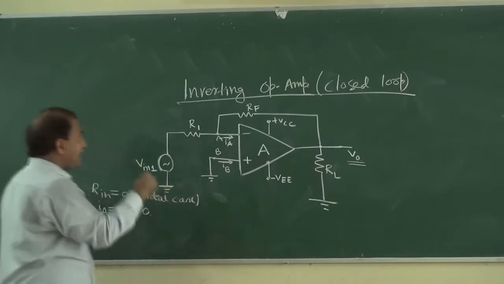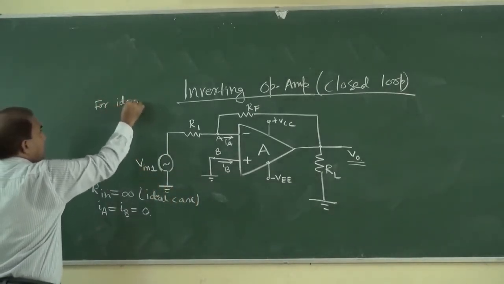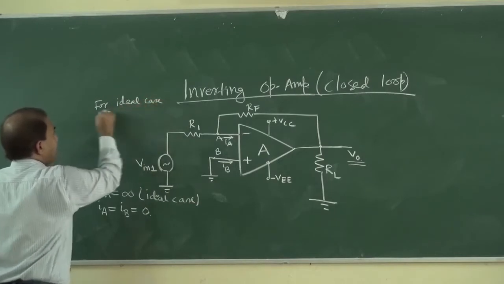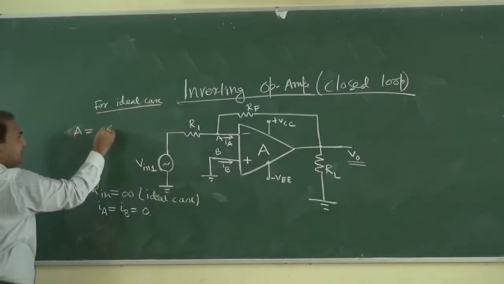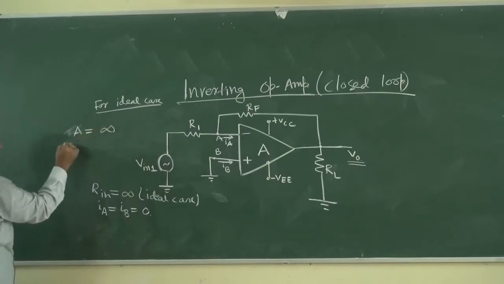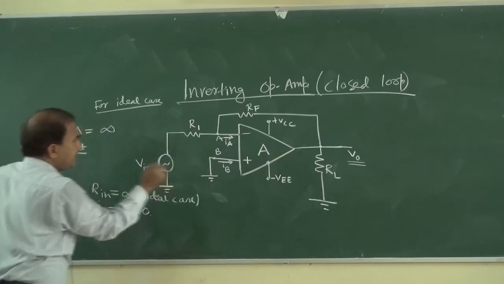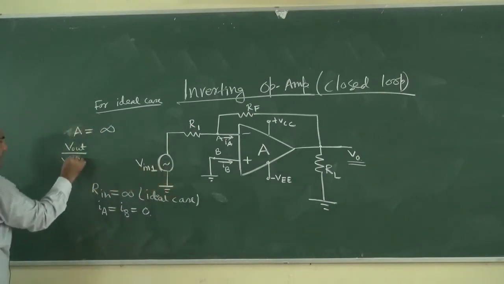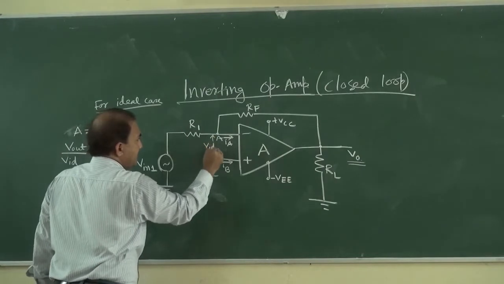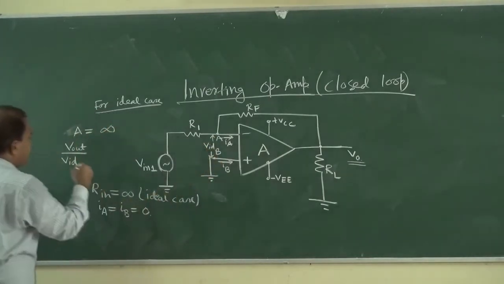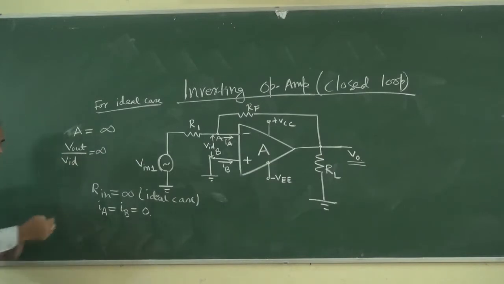Now for ideal case, A is infinite. A is equal to V output divided by VID, and it is infinity in ideal case.